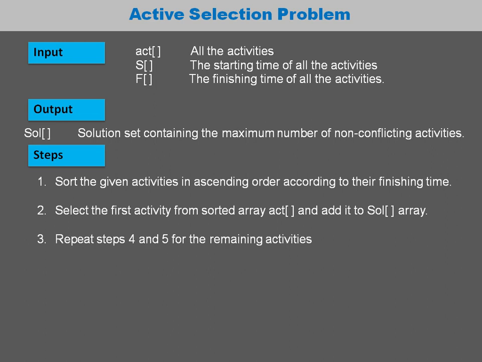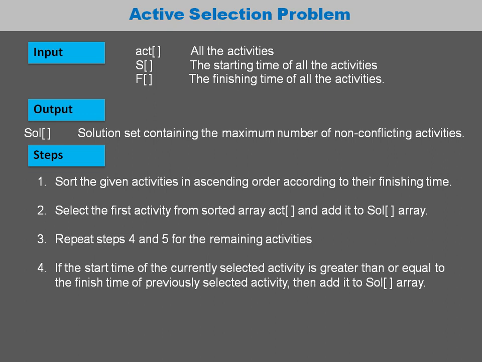Then we repeat steps 4 and 5 for the remaining activities. The fourth step is: if the start time of the currently selected activity is greater than or equal to the finish time of the previously selected activity, then add it to the solution array.